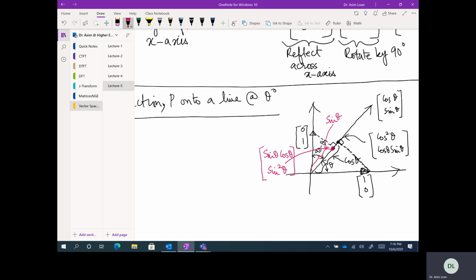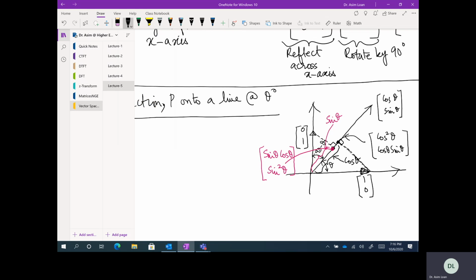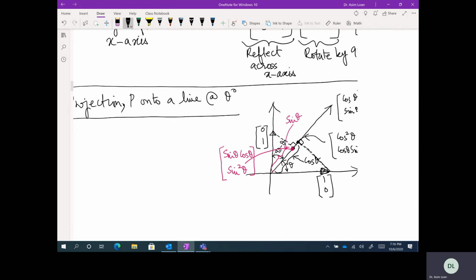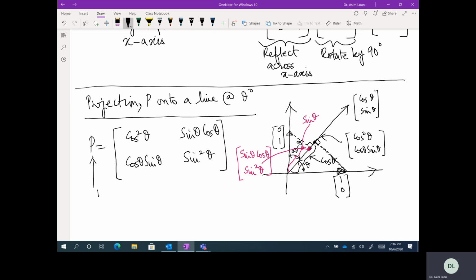Okay, so my projection matrix P, because I'm still using the standard basis, is cosine square theta, cosine theta sine theta, sine theta cosine theta, and sine square theta. So no inverse exists.